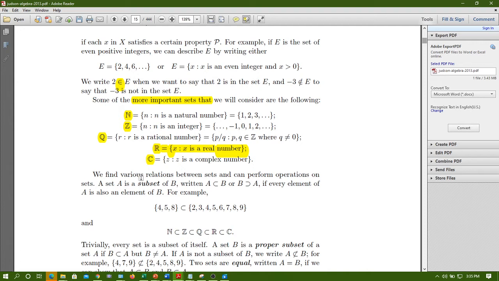We have also various relations between sets, and we can perform operations on sets.